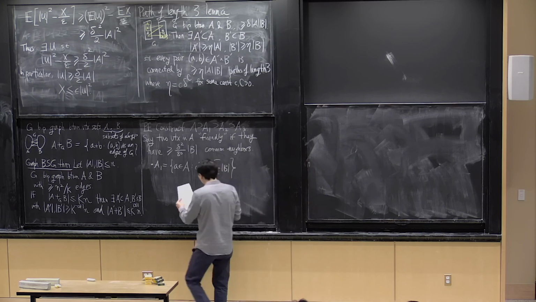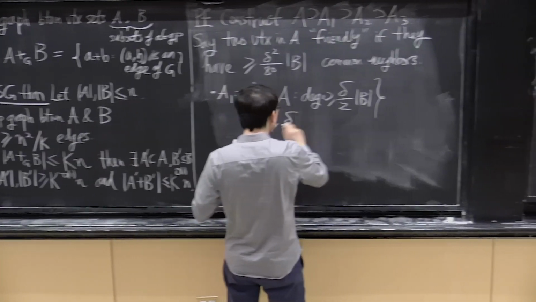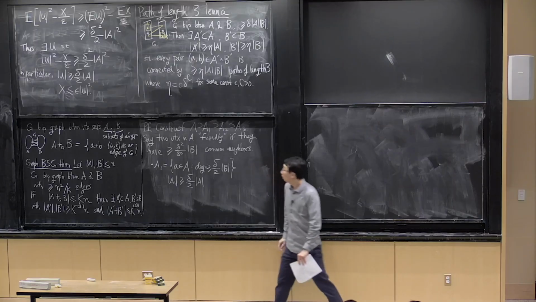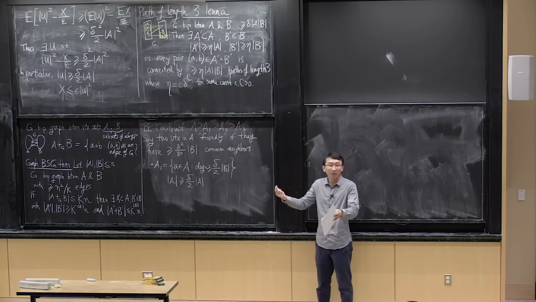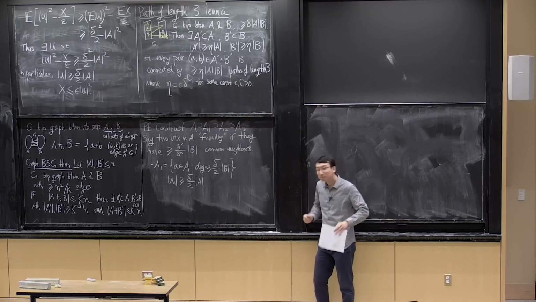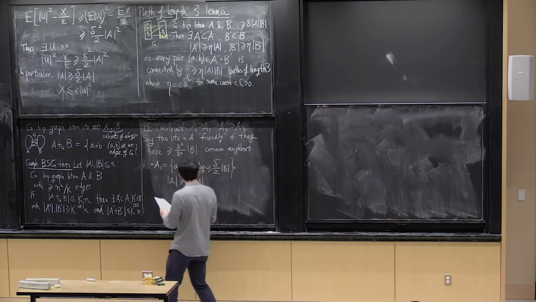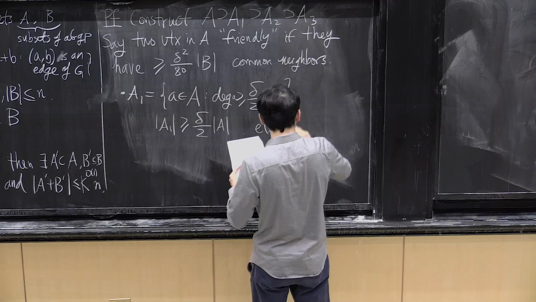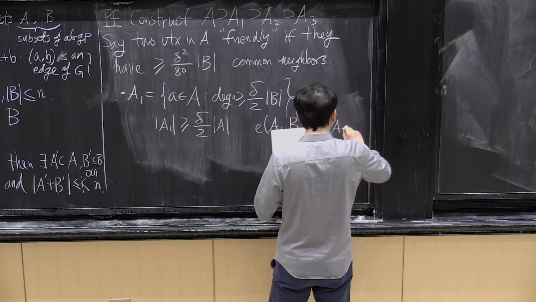And as a result, the size of A1 is at least a delta over 2 fraction of the original vertex set. Otherwise, you could not have contained half of the original set of edges. Okay, so this is the first trimming step. So we got rid of some edges, but we got rid of fewer than half of the original edges.